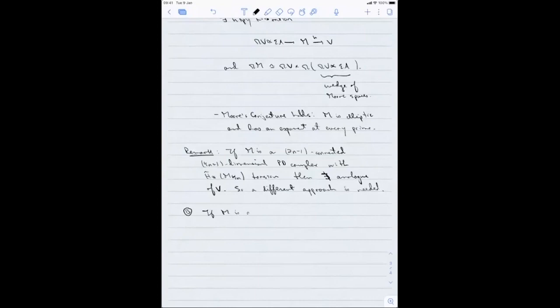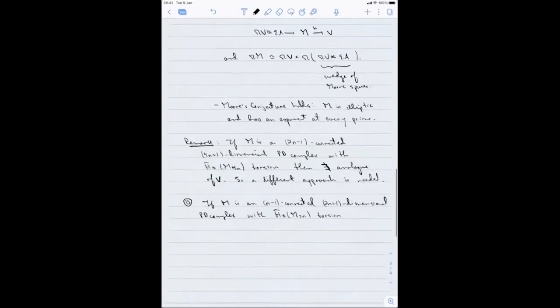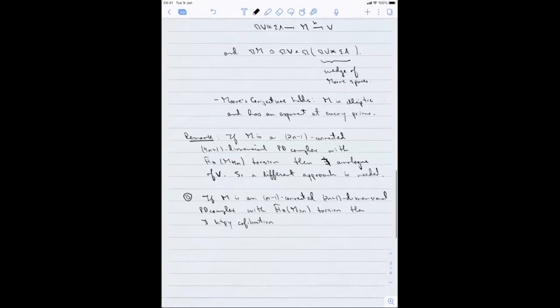So if M is an n minus 1 connected, 2n plus 1 dimensional Poincaré duality complex whose 2n skeleton has cohomology that's just torsion, then there's a homotopy cofibration that expresses the attaching map for the top cell. In the middle dimensions, you just have a wedge of Moore spaces.